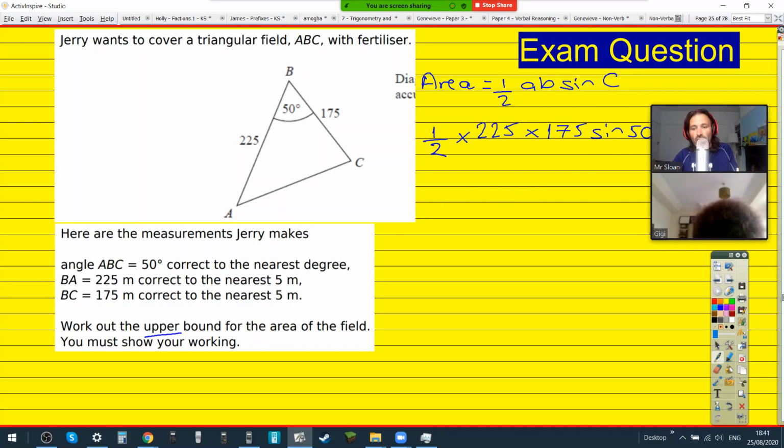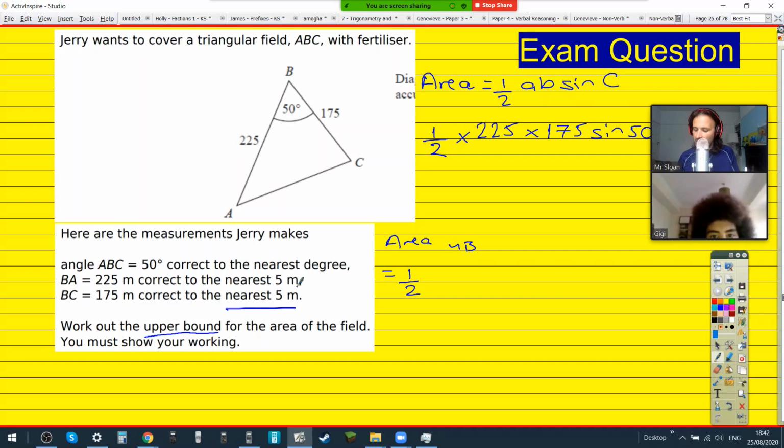Okay, they want the upper bound of the area. So half of 225.5. Nearest 5 meters, not nearest whole number.